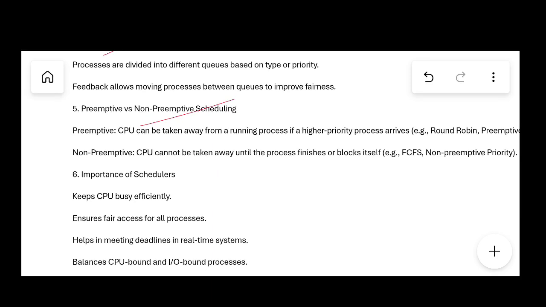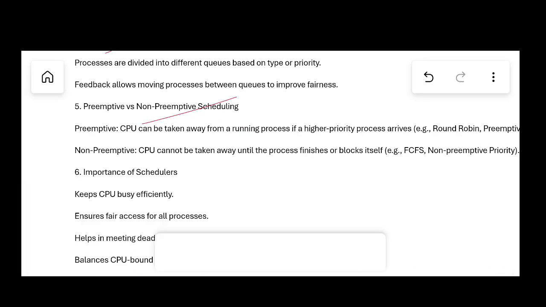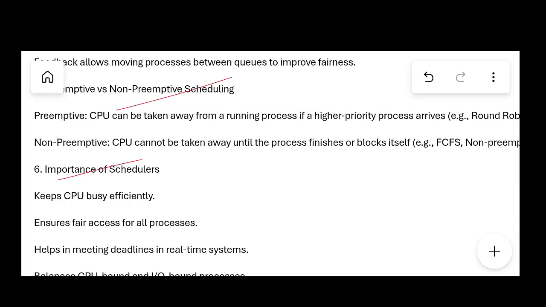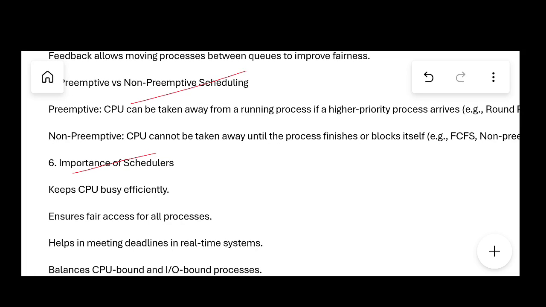Then, importance of schedulers. So why are schedulers so important? Because they keep the CPU busy efficiently and ensure fair access for all processes.